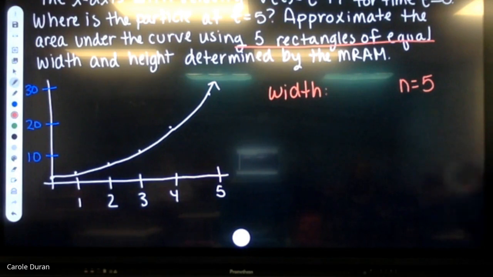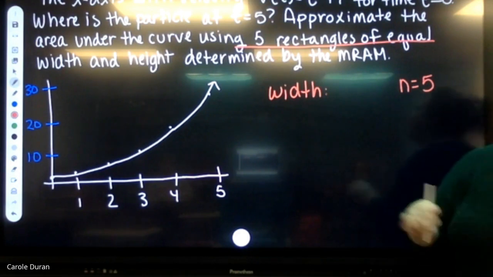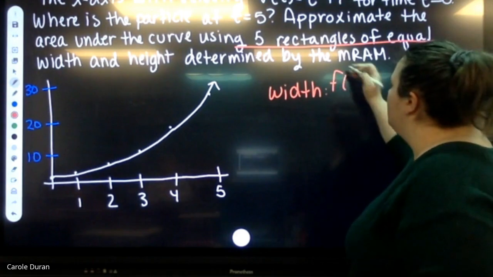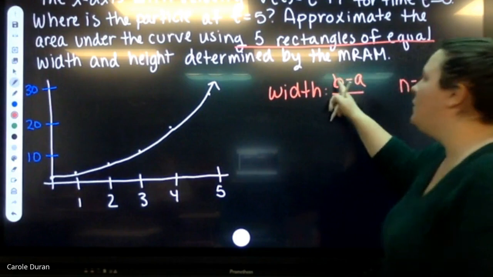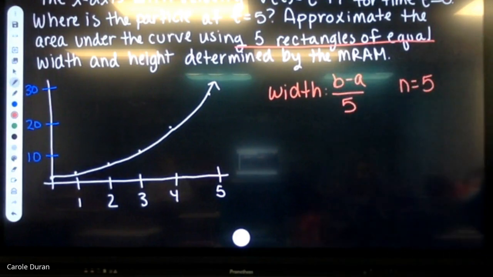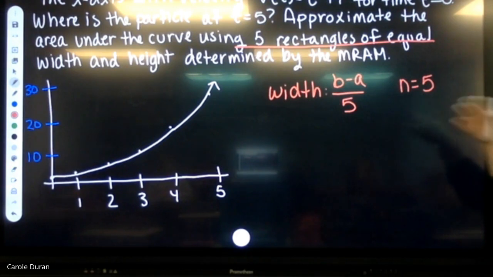To find the width of each of my sub-intervals, I need to take b minus a over n, where b is the highest x value I'm looking at, and a is the smallest x value I'm looking at. And then I'm going to divide their difference by the number of intervals that I wanted.